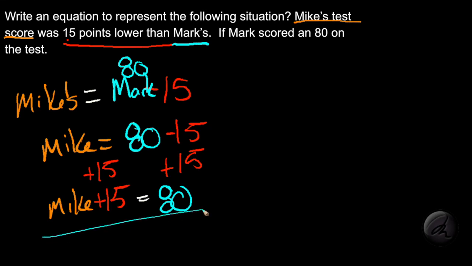This is a skill you're going to want to know, because on the STAR test, instead of just telling us Mike equals 80 minus 15, they're going to want to know that Mike plus 15 equals 80.